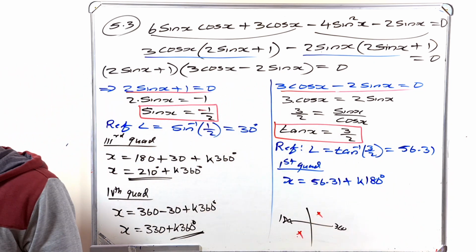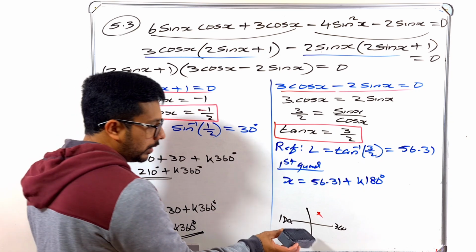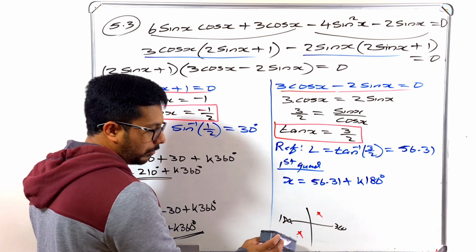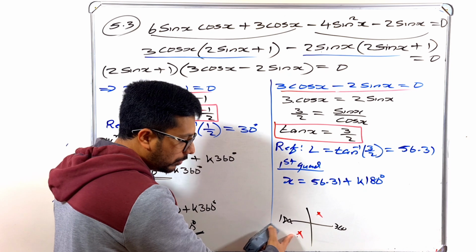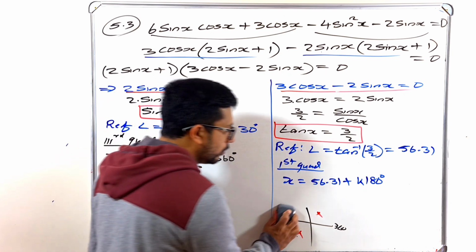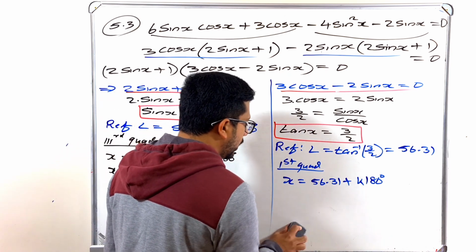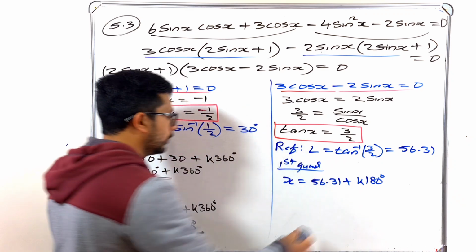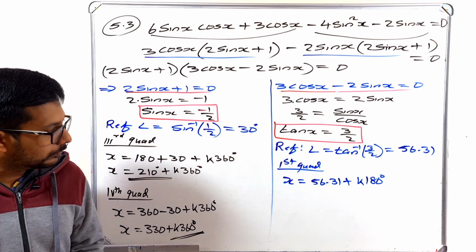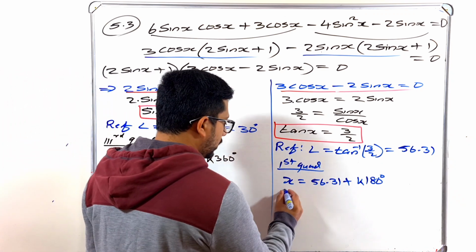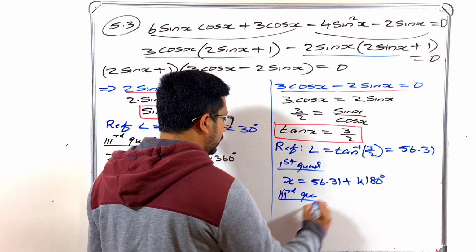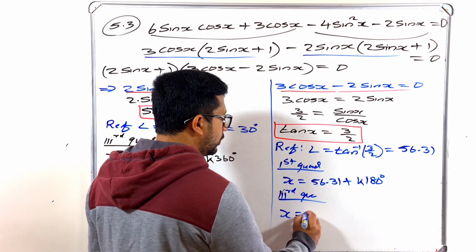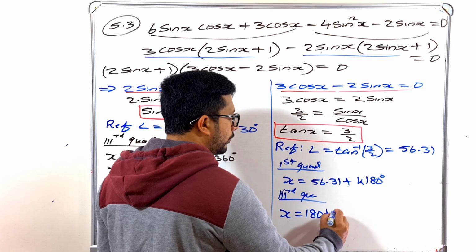Now tan is positive in the first and third quadrant. Third quadrant is 180 plus the reference angle. So x is equal to 180 plus reference angle.